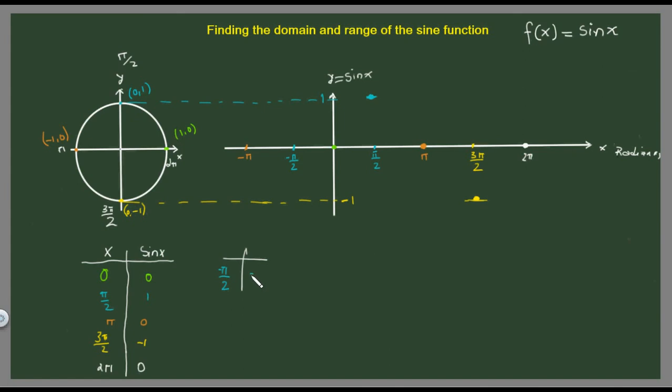And minus pi, of course, minus pi is here when we're going this way, and the y value of it is 0. So we can draw it onto here like this. Got this one, the tabular values done.